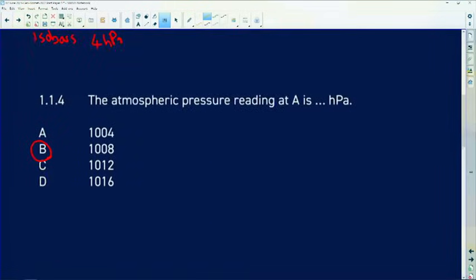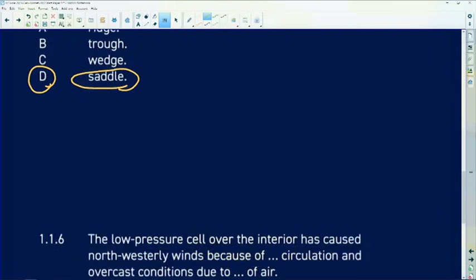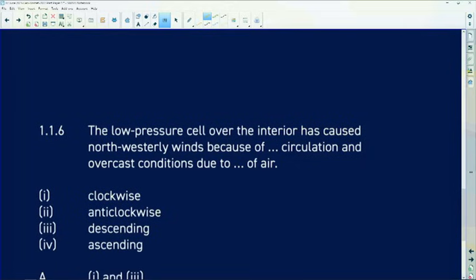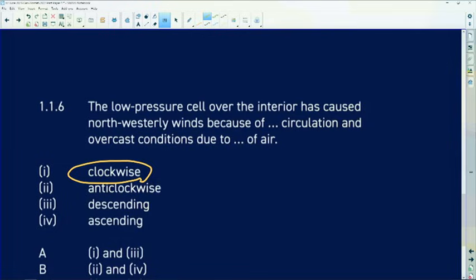If we go back to our question, the low pressure cell over the interior has caused northwesterly winds because of clockwise circulation. And the overcast conditions are due, because we've already mentioned this, to descending or ascending air. Now, what's the difference between the two? One is going up, one is going down.